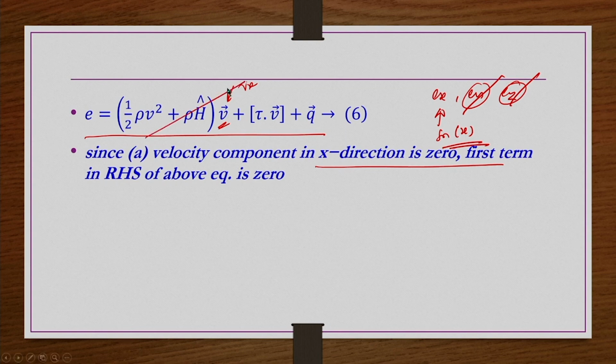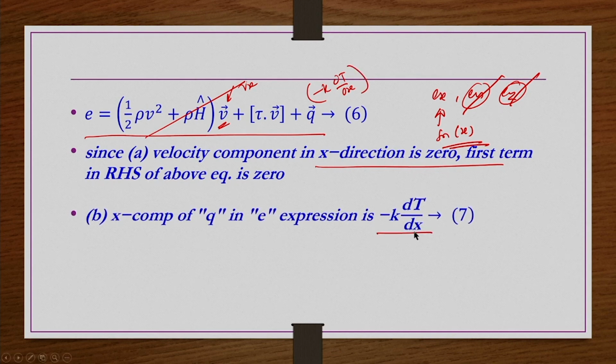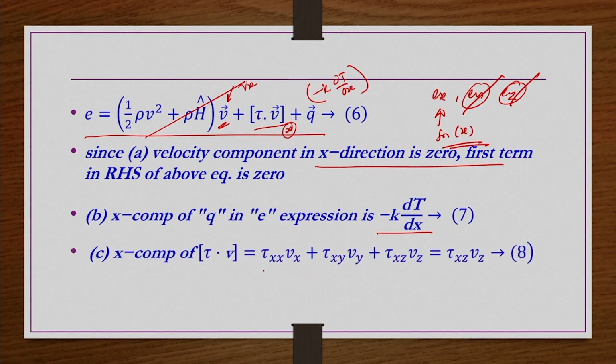So, this term is 0 altogether. And then in Q, you have Qx, Qy, Qz terms, only the Qx term is there, and that is minus K dou T by dou x; only that term is required. And then tau dot V, its x component, if you see, is tau xx Vx plus tau xy Vy plus tau xz Vz.